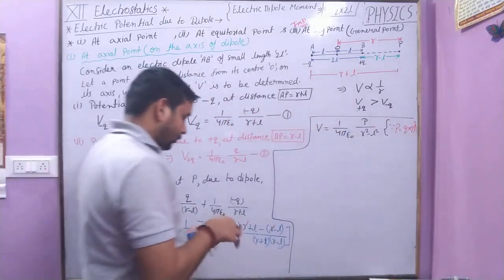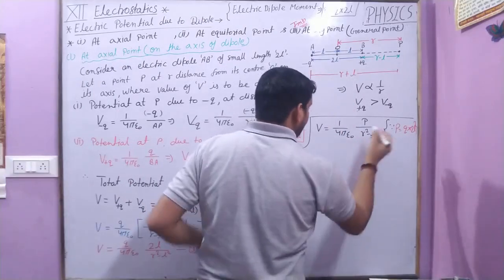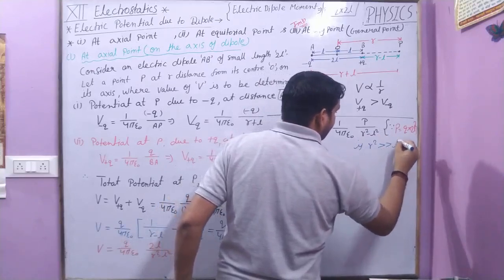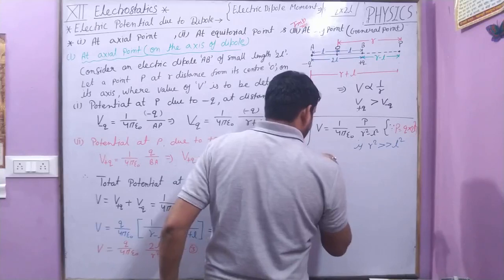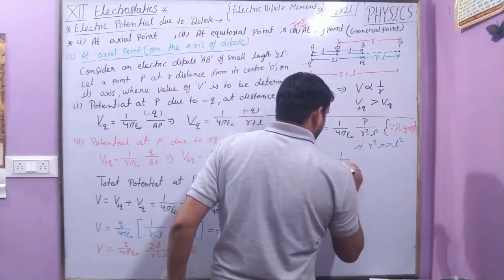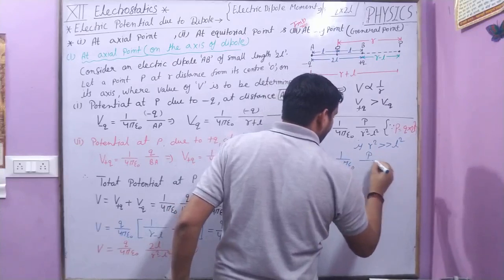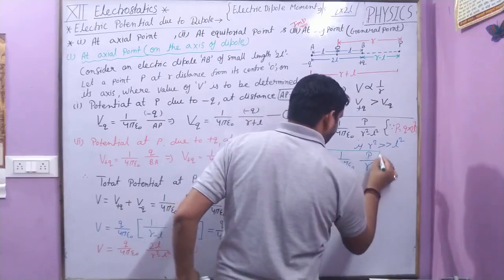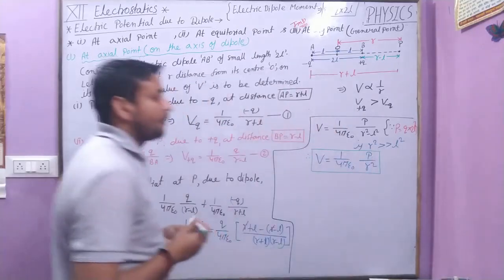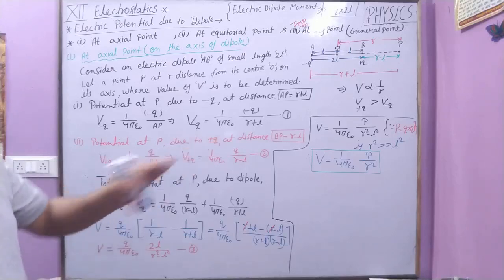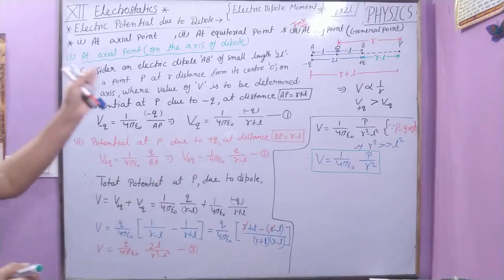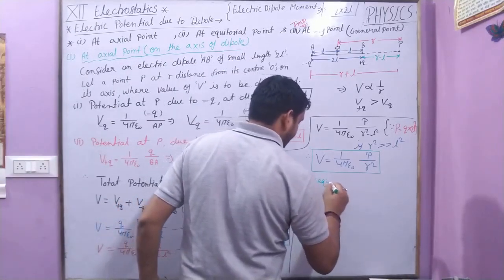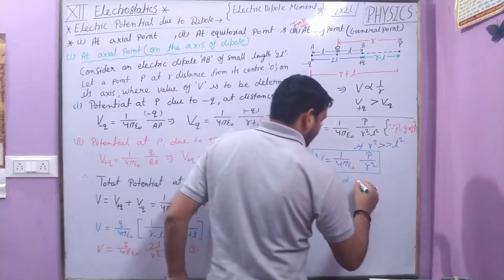Therefore, if R square is very much greater than L square, we get V equal to 1 upon 4 pi epsilon naught P upon R square. This is the required expression for electric potential due to a dipole at an axial point. This is the required expression.